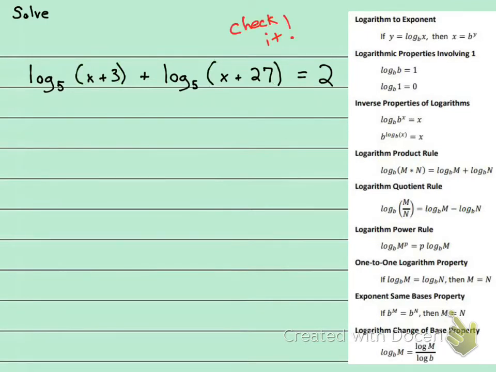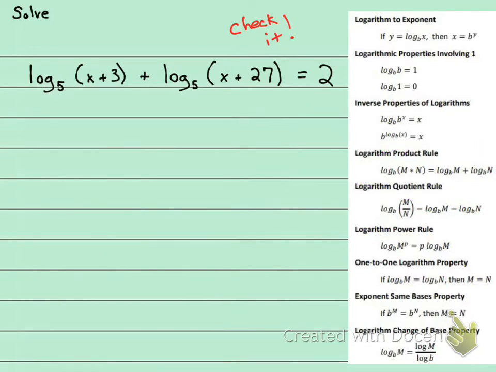All right, so let's go ahead and solve the equation. We're going to use some of these formulas over here. First, I want to take these two logs, they're both log base 5, and I want to condense them. I'm going to take the two that are added and put them together in one logarithm.